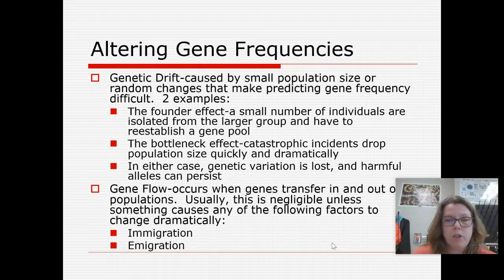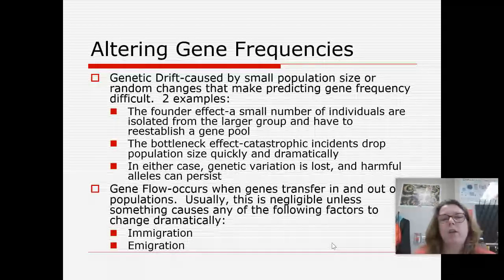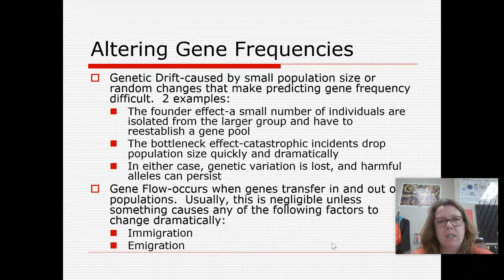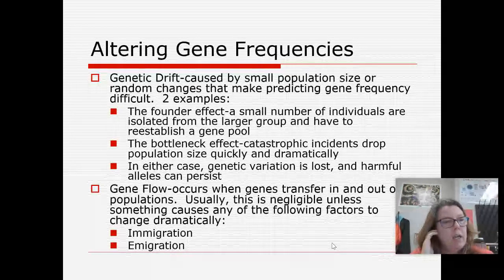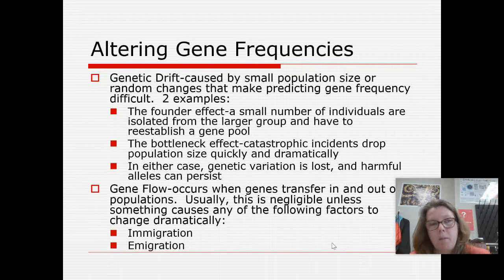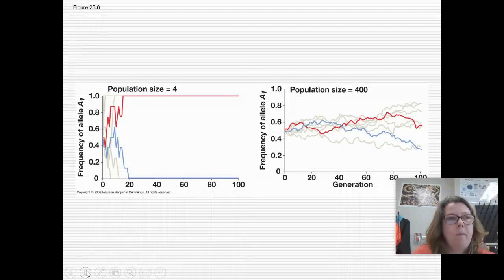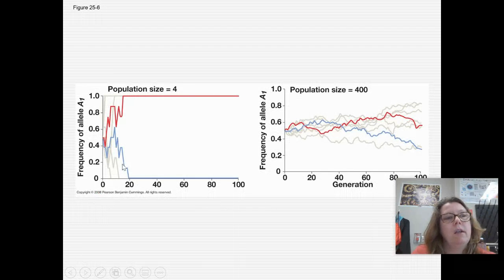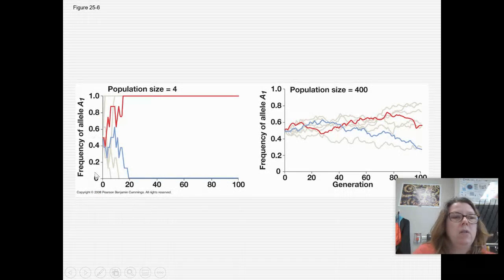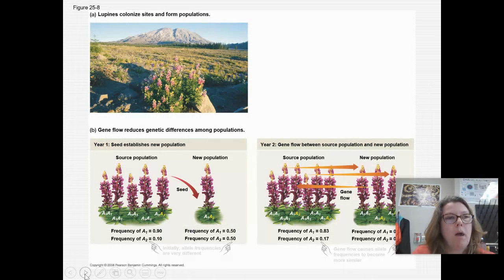There's also gene flow, which I explained on the last slide, right? Most of the time, immigration and emigration are about equal, so this is negligible. But extensive immigration or extensive emigration in one direction or the other would obviously cause some serious changes to your gene pool. Okay, so if you're just looking at the frequency of alleles in a population of 4 versus a population of 400, you get far more stability in that large population than the small population.